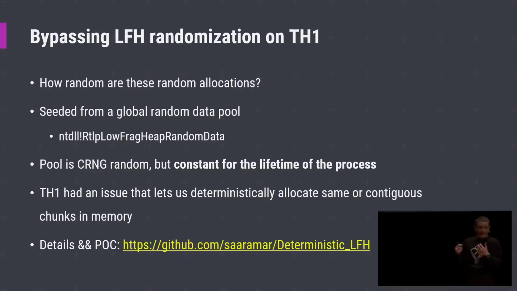So we have a new symbol in NTDLL, which is called RtlpLowFragHeapRandomData, which is a fixed address of 100 hex values, which are random, truly random. Seriously, guys, this is not the issue here, okay? All those values are simply created from CryptGenRandom in crypt32.dll, and that's fine. They are cryptographic random.